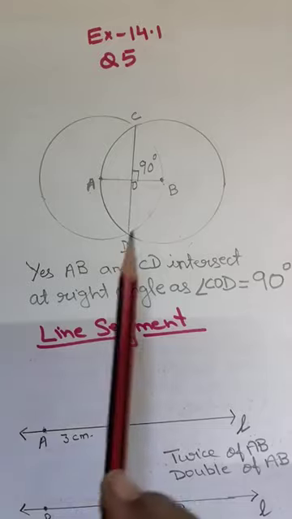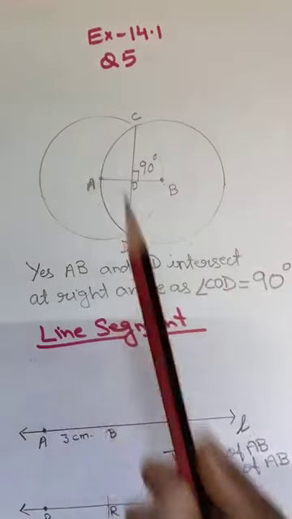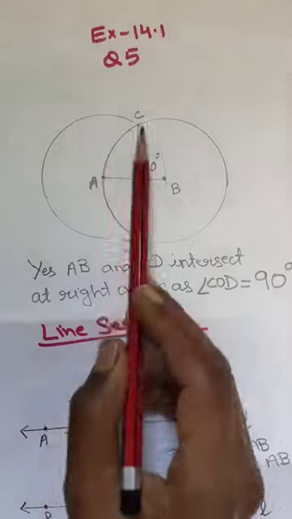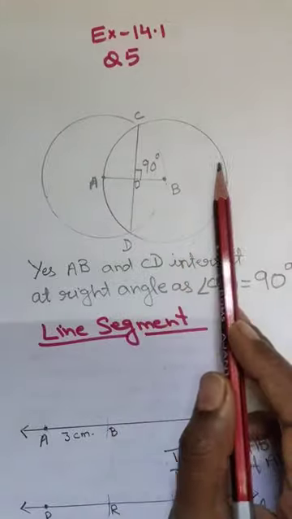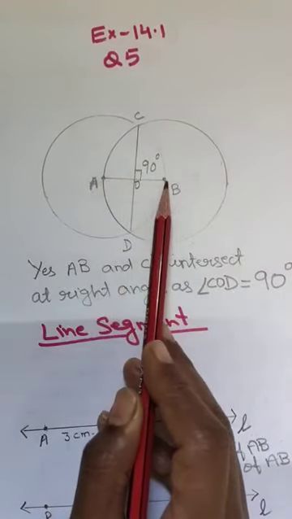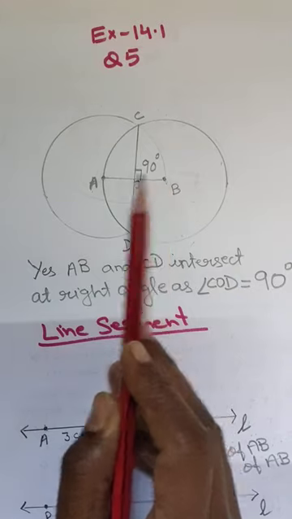After that we have done exercise 14.1 question number 5, in which you have to draw two circles of equal radii in such a way that one circle passes through the center of the other. So we have drawn like this: two circles, one circle passing through the center of the other.